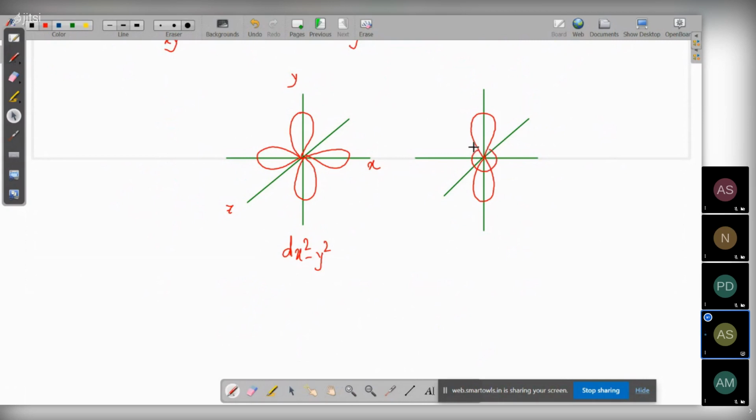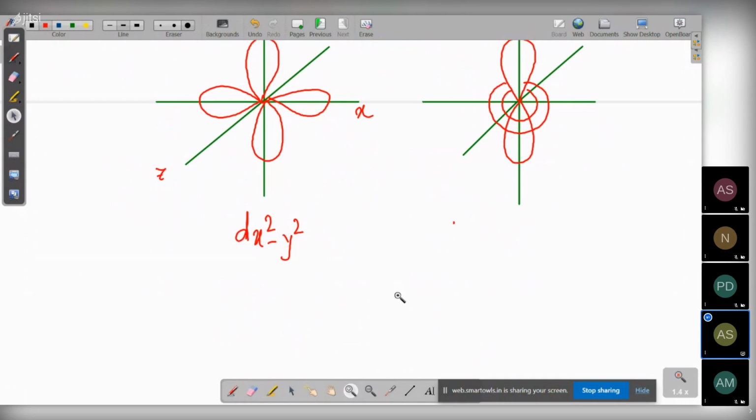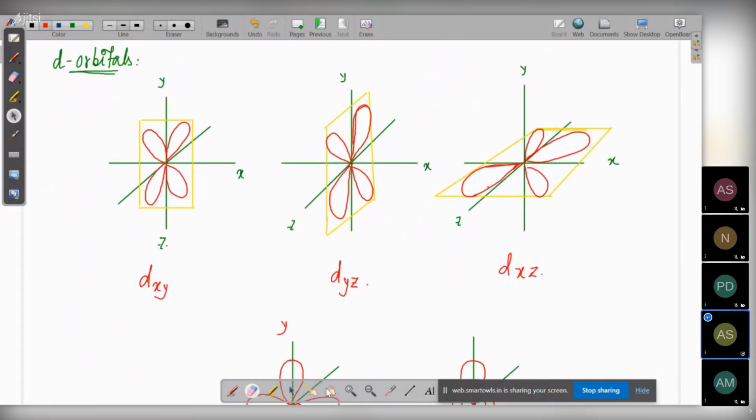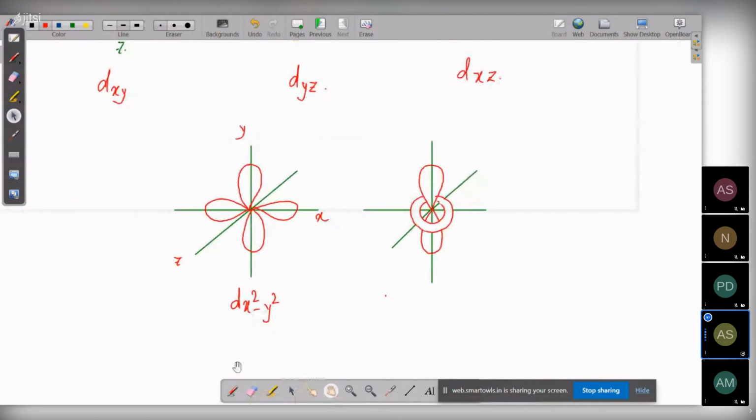And we make that ring form. This is the dz square.